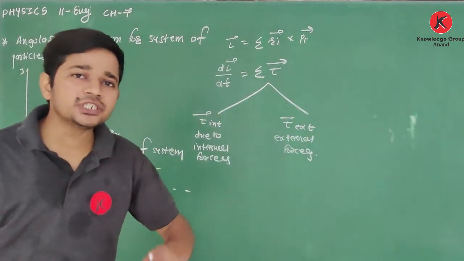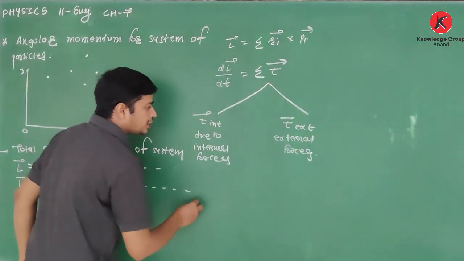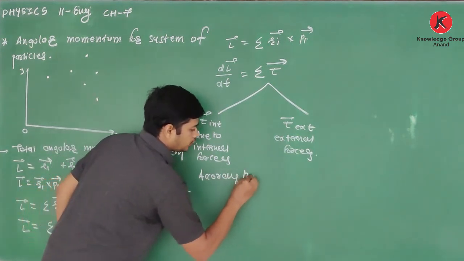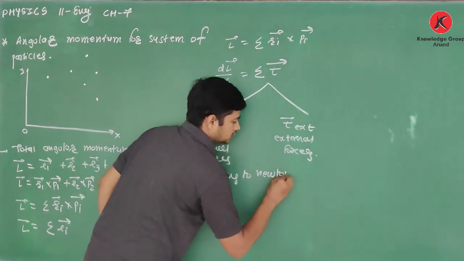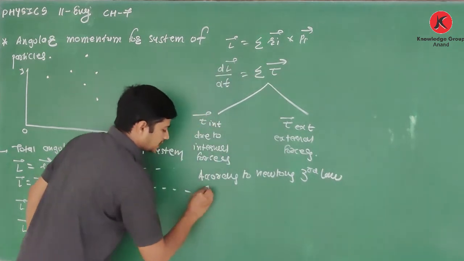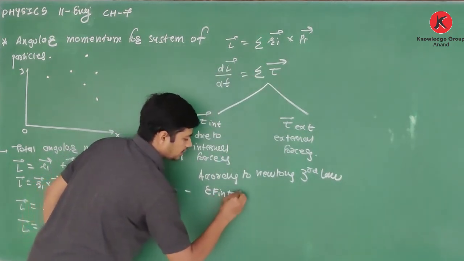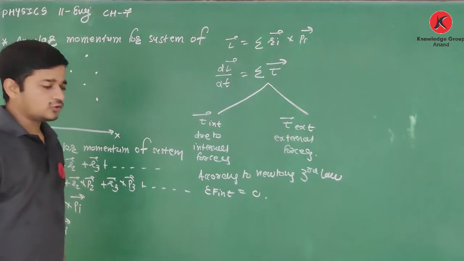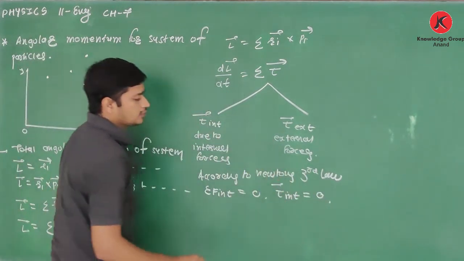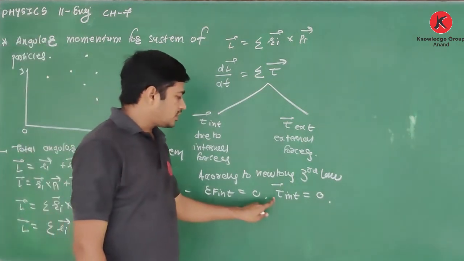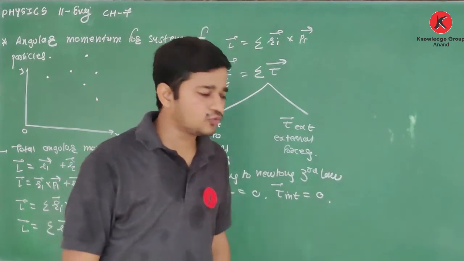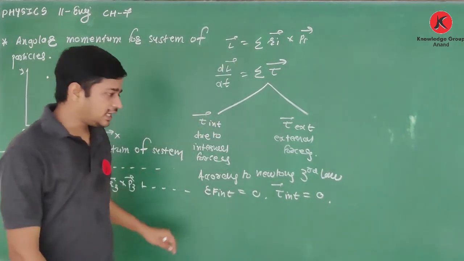But according to Newton's third law of motion, we know that sigma F internal is equal to 0. Yes or no? So this tau internal also becomes 0. What is the reason? Because these two forces pass through the points themselves.